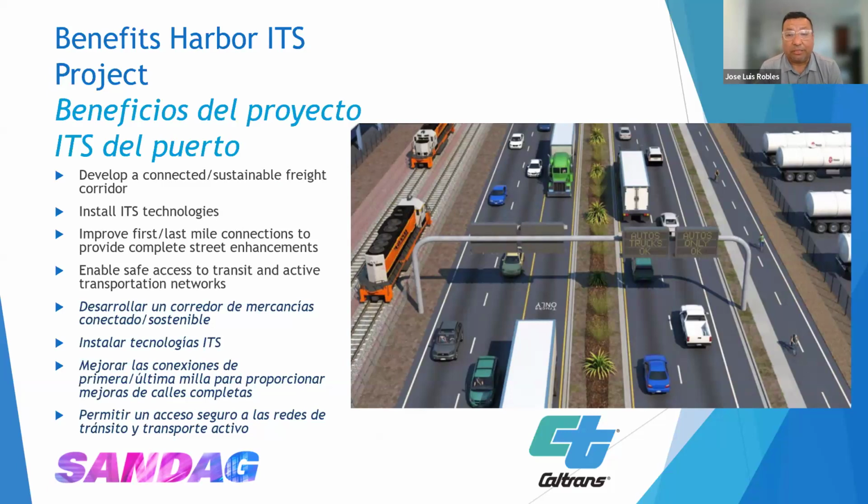So what this project is going to do is provide us the ability to have a managed lane system along Harbor Drive, so we can make the most efficient use of the space.